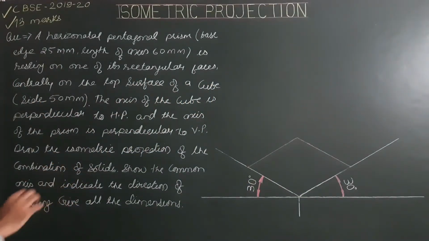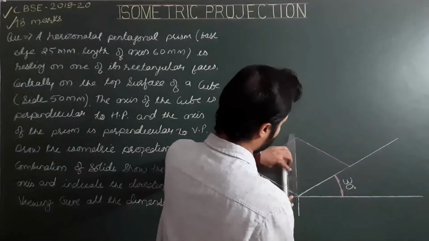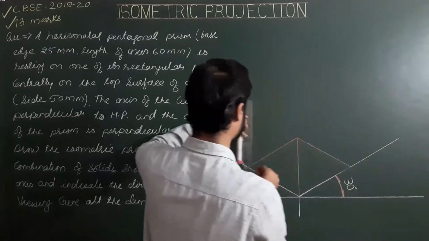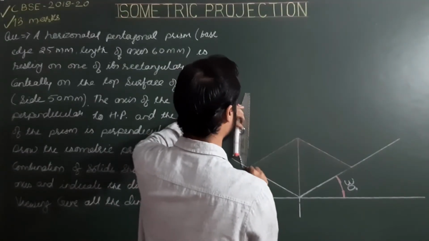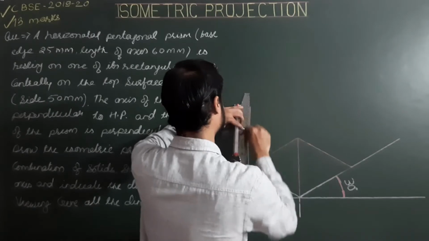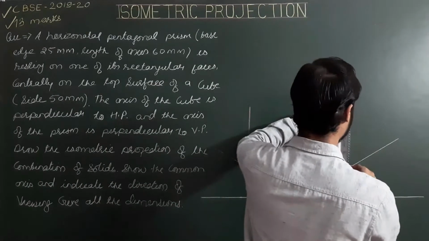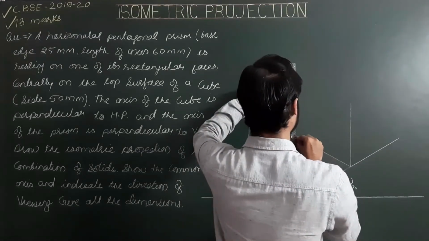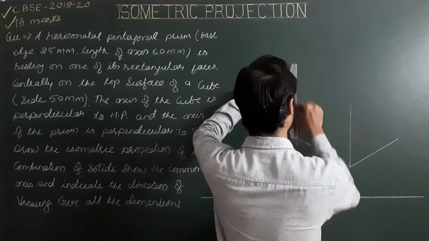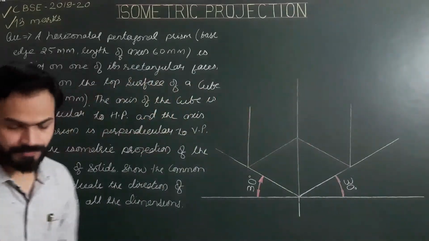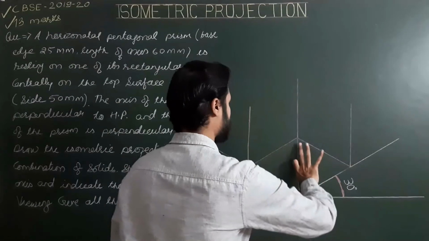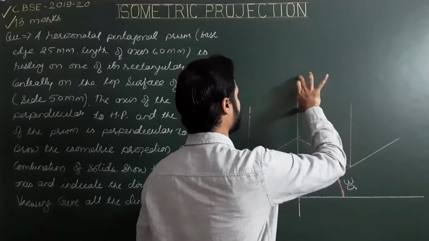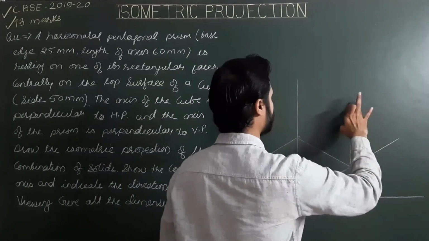Next, from all 4 corners, drawing lines parallel to the third ISO axis, with length equal to the side. The side is 50, so we have to take ISO 50 from all 4 points. So ISO 50, ISO 50, ISO 50 and ISO 50.